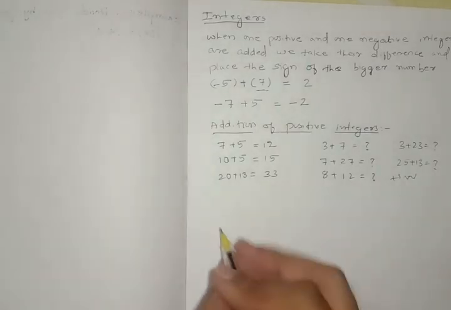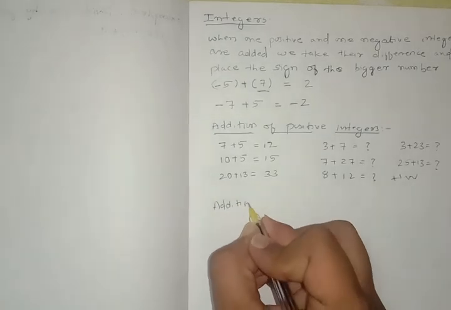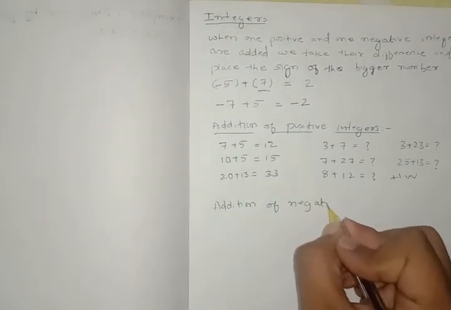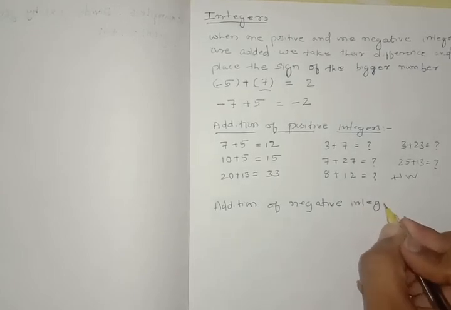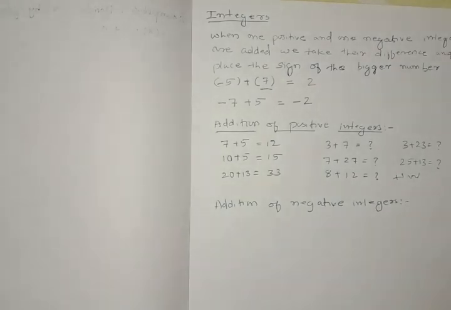Now we'll see addition of negative integers. First of all, keep in mind, when you add two negative integers, the result will be negative.